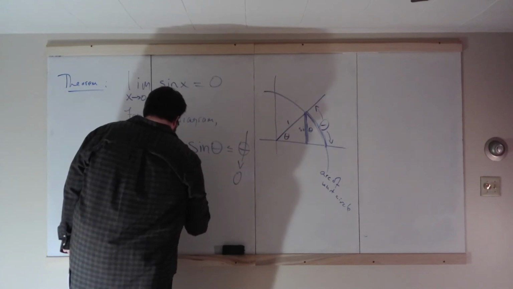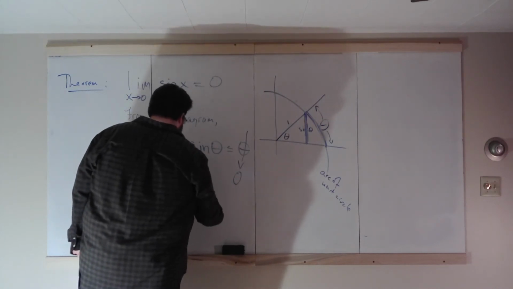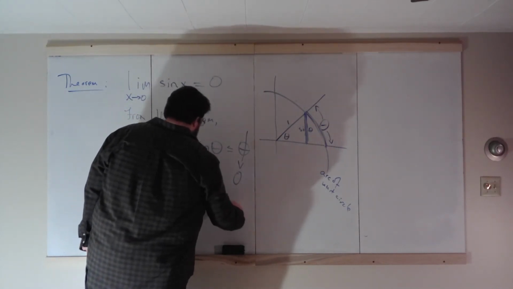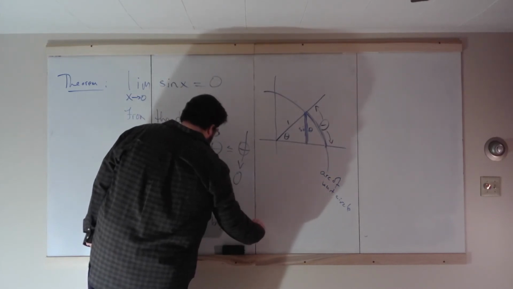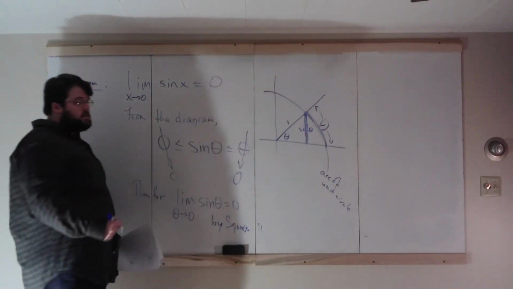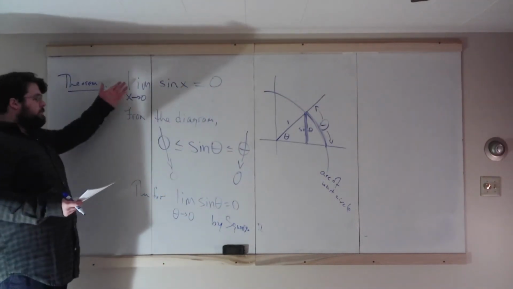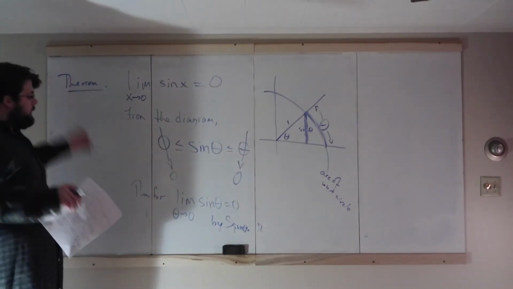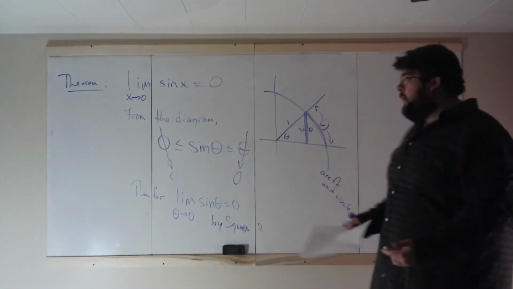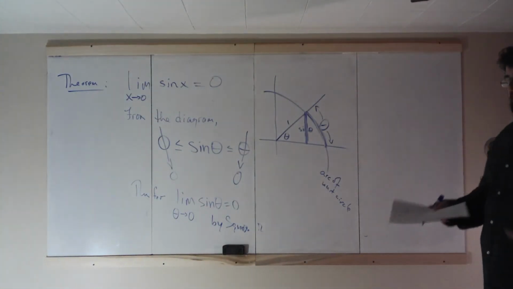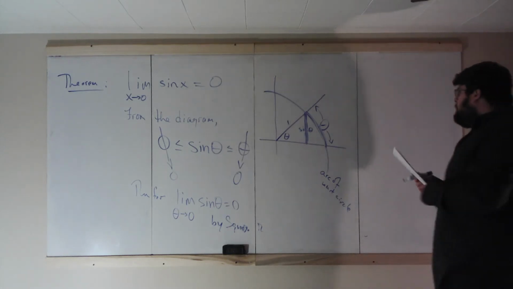As theta approaches 0, the limit of sine of theta equals 0 by squeeze theorem. And the theorem above follows by letting theta equal x. So right here, now we have that the limit of sine of theta as theta goes to 0 is 0.